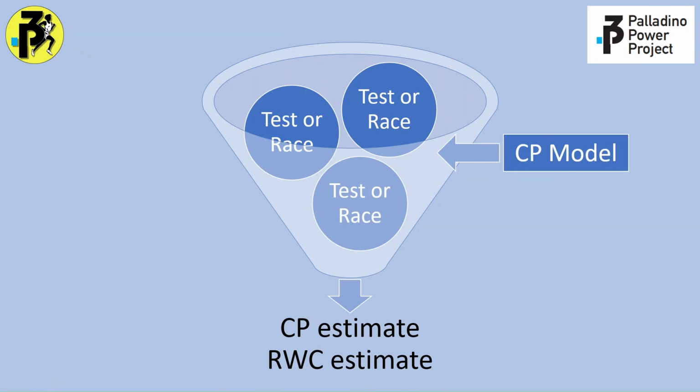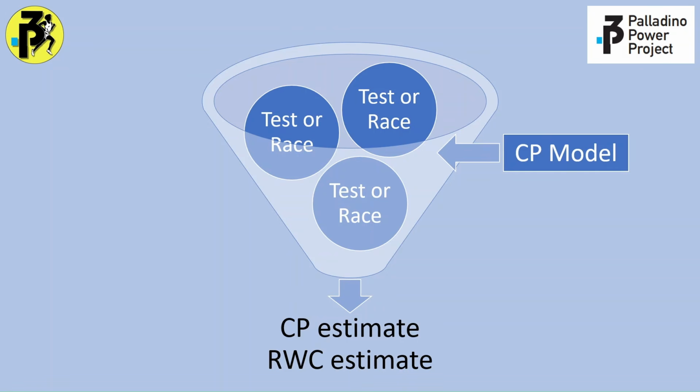Now, this is important that they're maximum effort tests or races, because when we put them into a model, the model is just searching for the leverage points, or using key leverage points, to generate a critical power and reserve work capacity estimate. So if they're not maximal, then the estimates are going to be off.